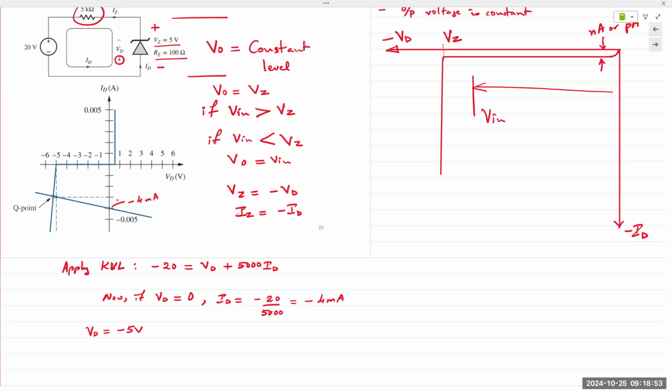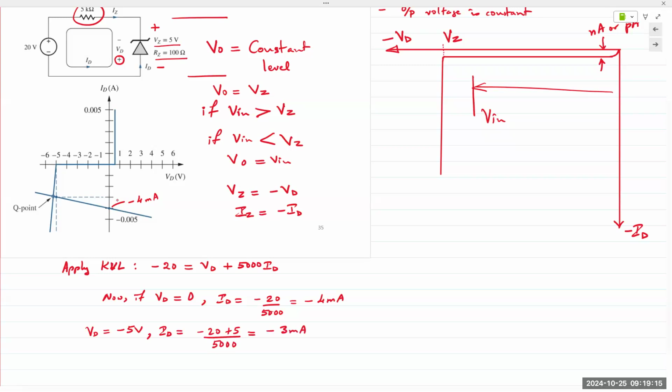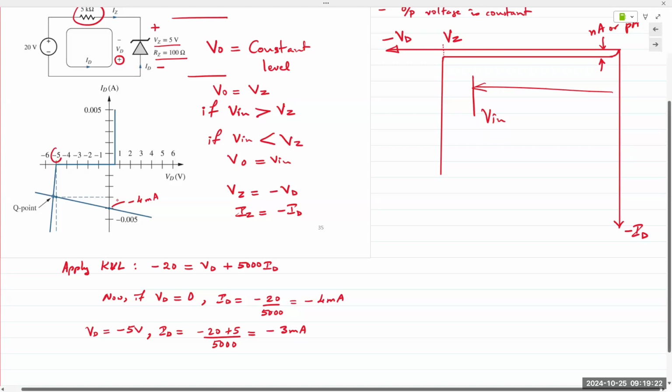With VD as minus 5 volts, I can write ID is minus 20 plus 5 divided by 5,000, and I'll obtain minus 3 milliamps. So for minus 5 volts, I obtain minus 3 milliamps.